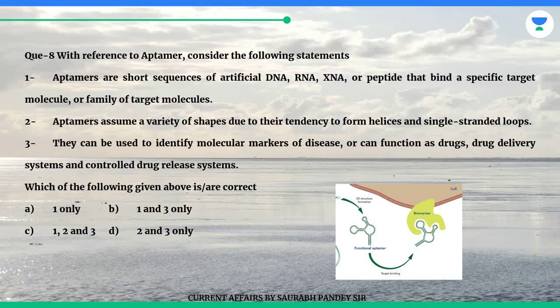They can be used to identify molecular markers of disease or can function as drugs, drug delivery systems, and controlled drug release systems. Which of the following given above are correct? A. 1 only. B. 1 and 3 only. C. 1, 2 and 3. D. 2 and 3 only.